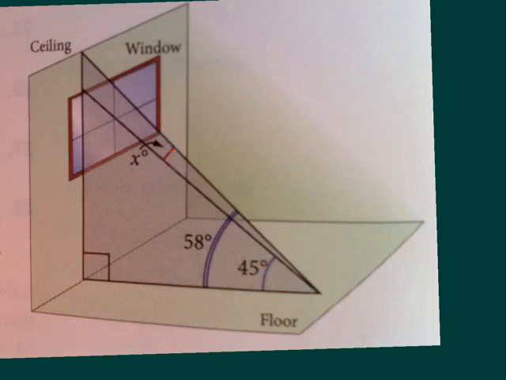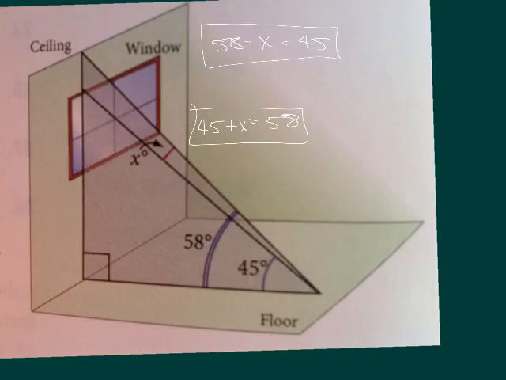In order to do that, you can do either 58 minus x equals 45, or you can do 45 plus x equals 58. So you've got two equations. They want you to solve for x for both equations, and what you'll find out is the answer you get is going to be the same for both of them.